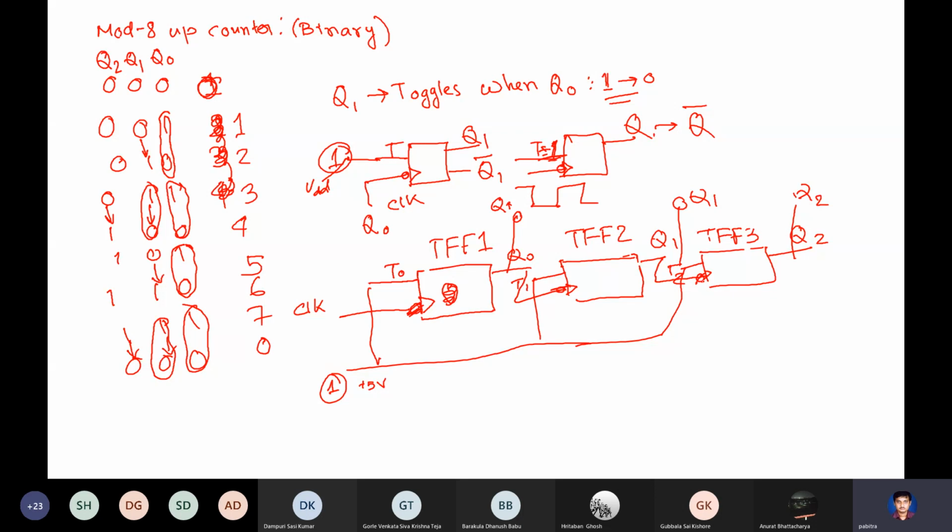With some additional gate circuit, we can convert a positive edge triggered flip-flop into a negative edge triggered flip-flop. Then with such a mode circuit, you can have a mode input denoting up counter or down counter. Depending on the value of the mode input, you can have either an up count or a down count.